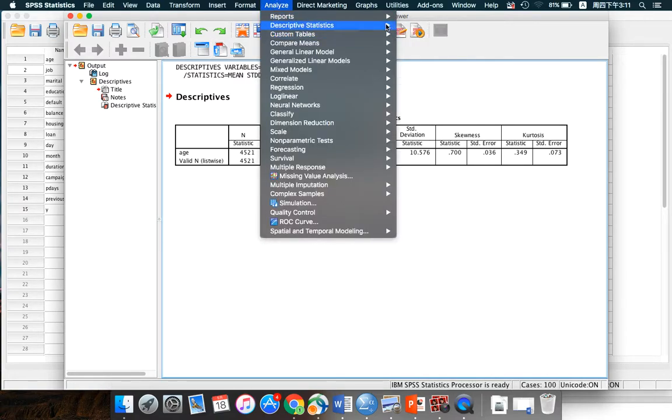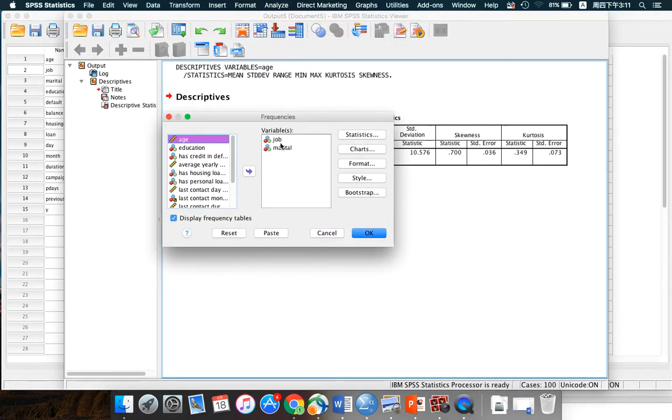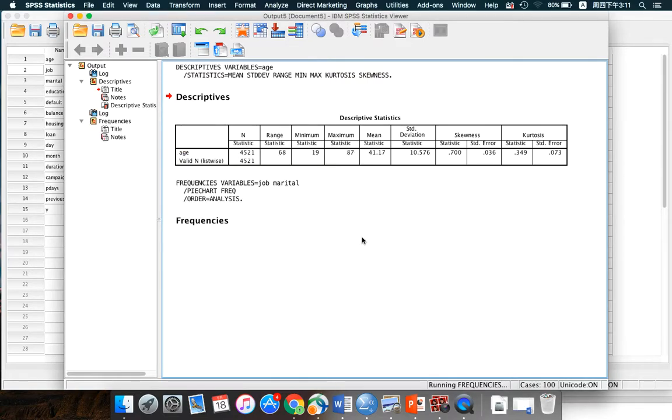I also want to know something about their job distribution and marital status. Since they are nominal scale, which is categorized, we can only use frequencies.